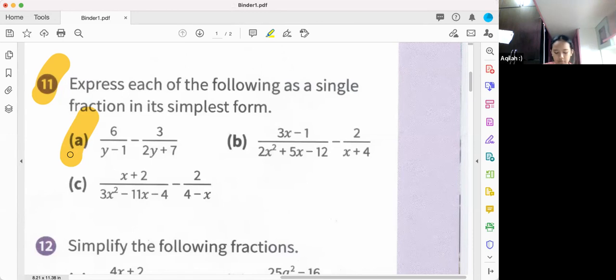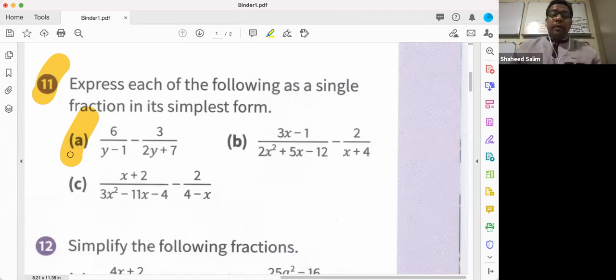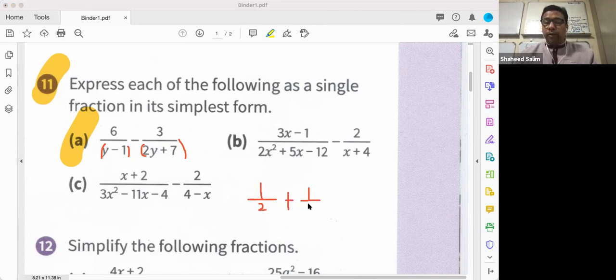I'm trying to figure out how to do this. Okay. This you need to combine them to have the same denominator. So in order to do that, you can just do like this times this. For example, you have 1/2 plus 1/3, right? So how to do? This one times by 3, so you times the top by 3 also.